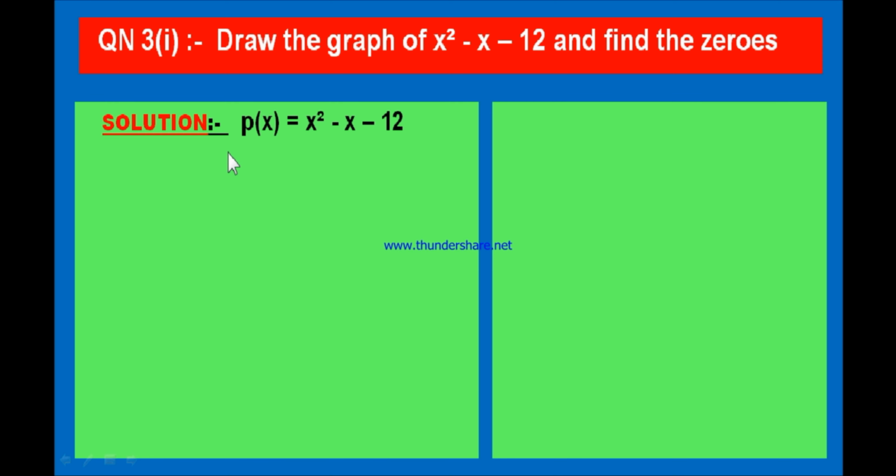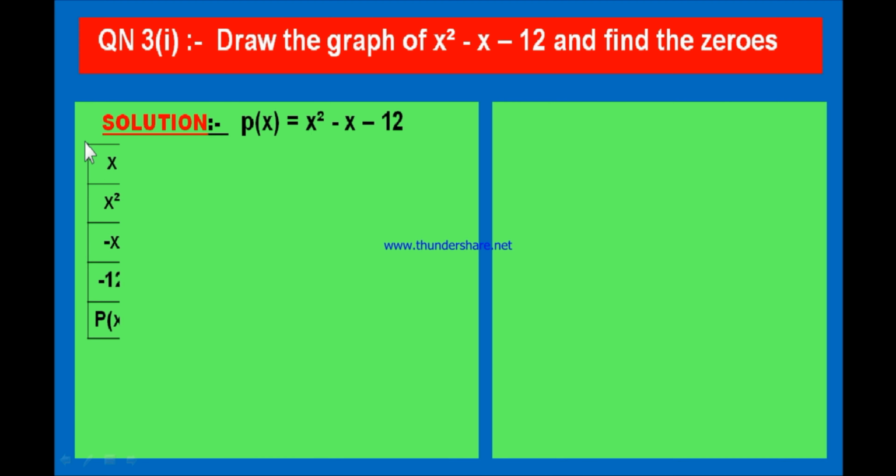In order to get the table, we have to consider x value, then x square value, minus x value and minus 12. If we add x square, minus x and minus 12, you will get p of x value. Understood? Now here is the table.